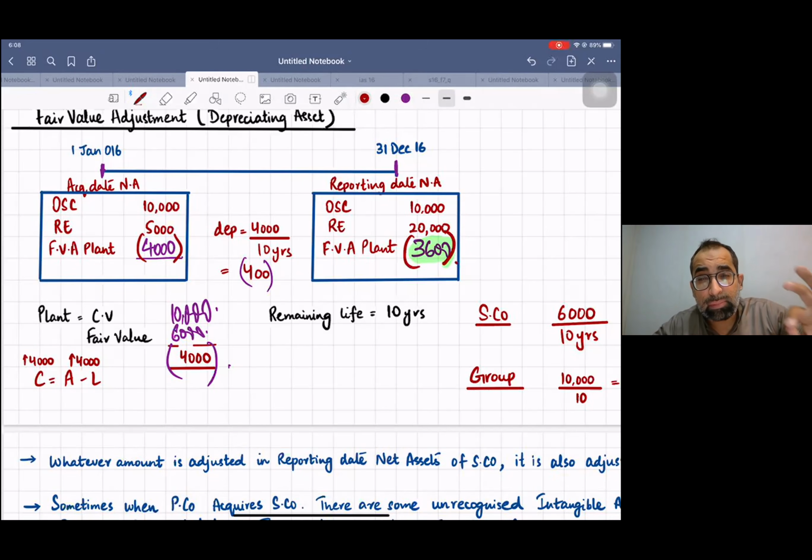Same method, everything same with negative signs: 4,000 negative at the acquisition and 3,600 negative at the reporting date. And obviously in the reporting date net asset packet, you have used a negative number. So that's why on the asset side as well, you have to adjust a negative number, right?